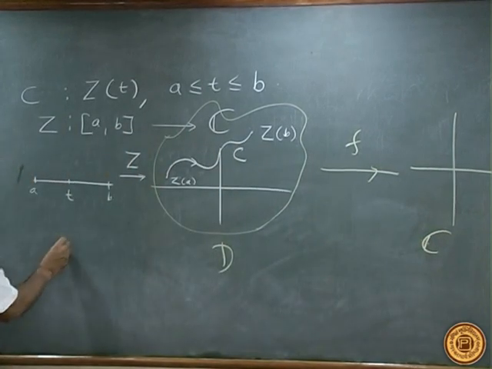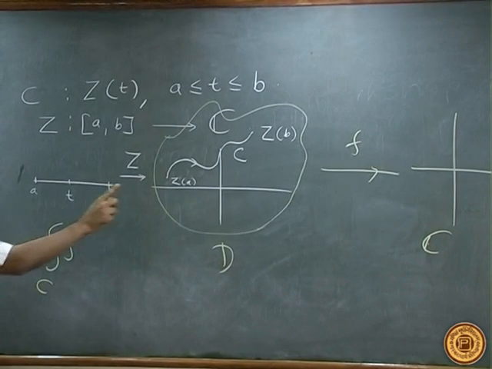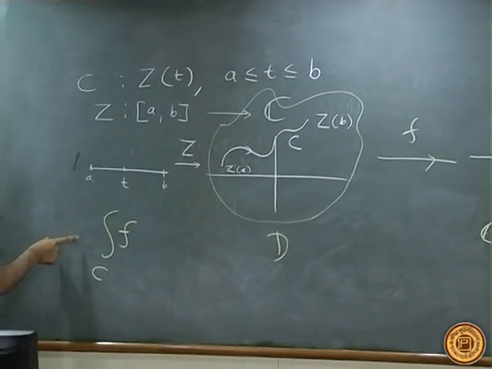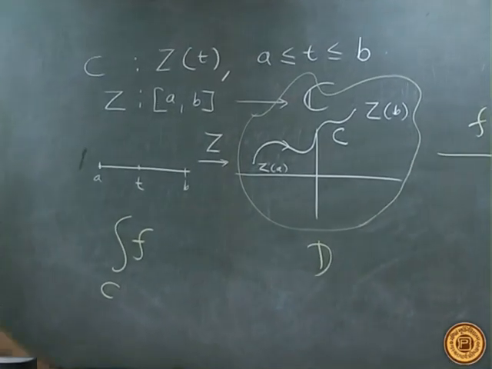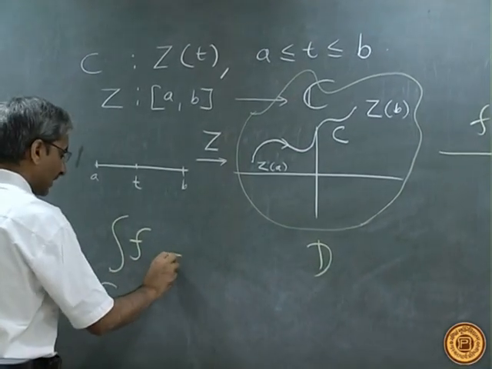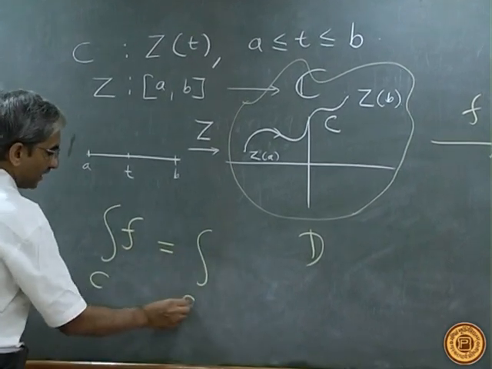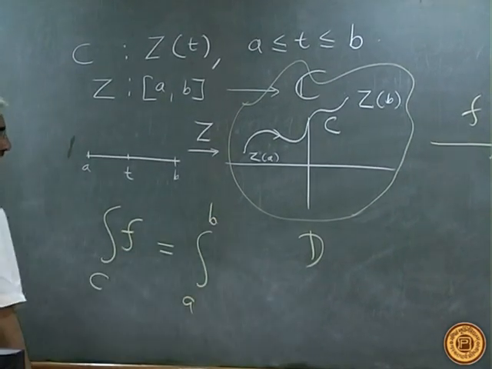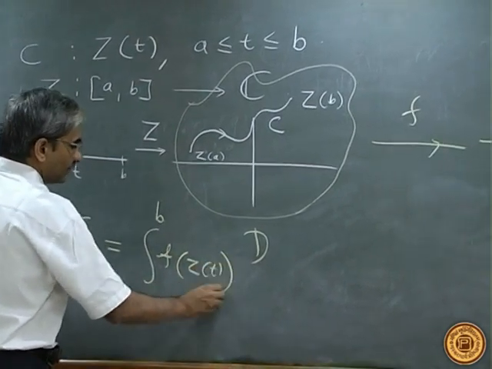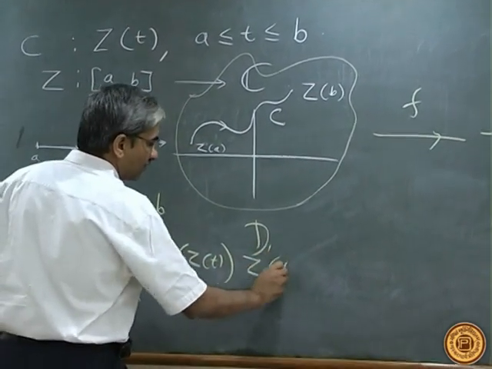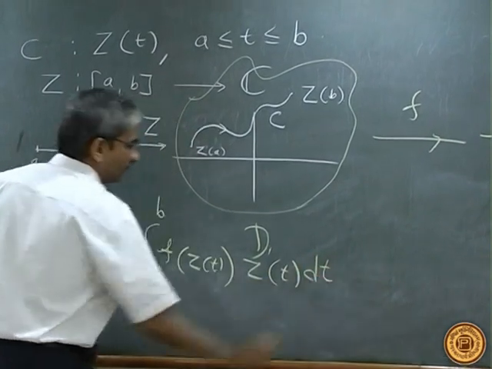Now the integral of f over this contour C, that is the contour integration we defined last time. The integral of f over C is defined as the integral from a to b of f(z(t)) times z'(t) dt.